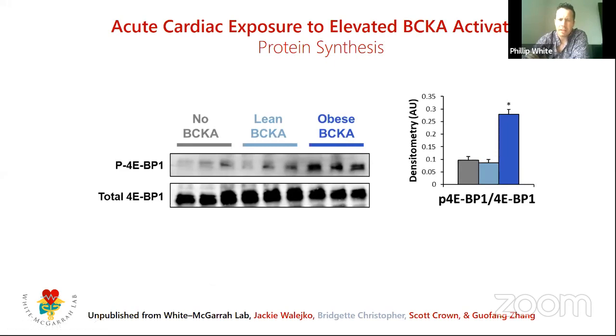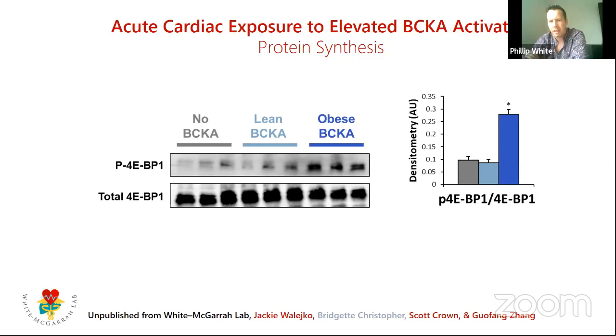It's worth mentioning that these incubations were only 30 minutes long. So all this had happened within 30 minutes of exposure to these levels of keto acids. So we were curious about what other networks exposure to branched-chain keto acids might be regulating within the heart, and to determine if there's any kind of coordinated signaling events that might be taking place.